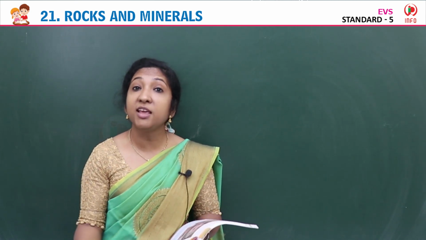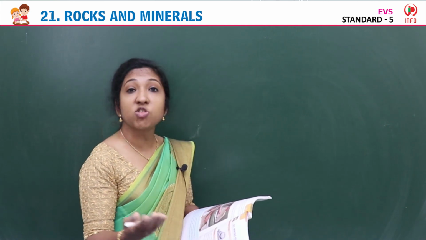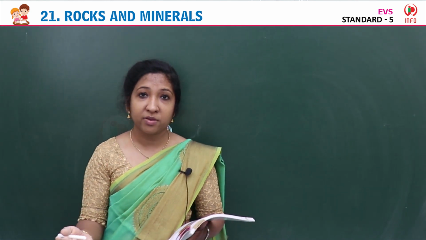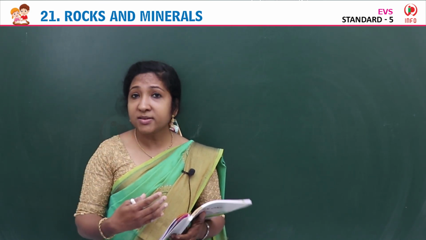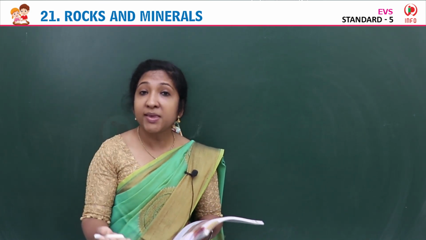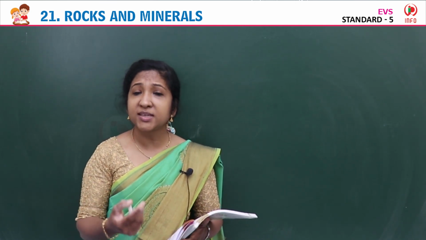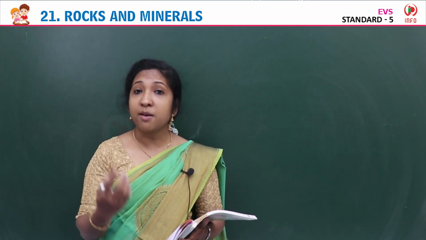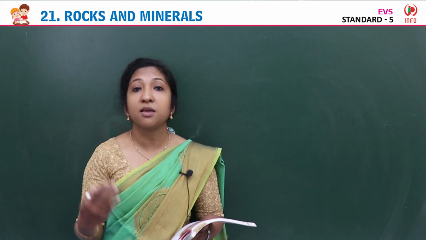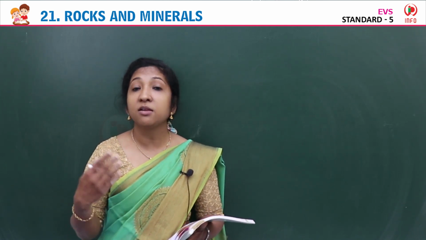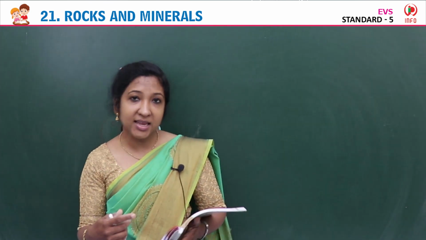They are nature's gift to us. So rocks and minerals are nature's gift to man. Some rocks contain only one type of mineral, some contain more than one type, meaning many minerals. So today we'll learn about both rocks and minerals in detail.